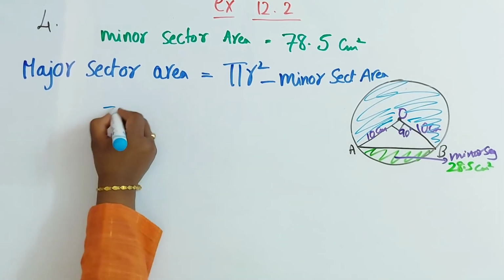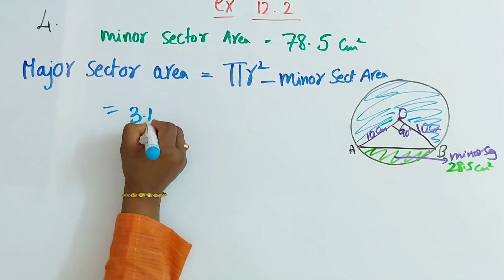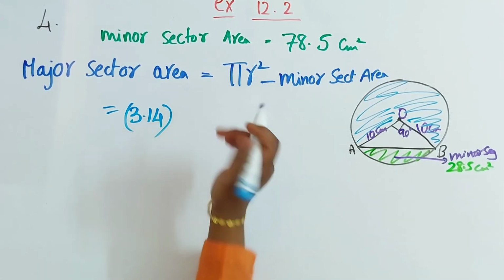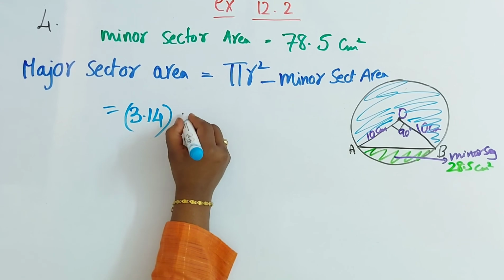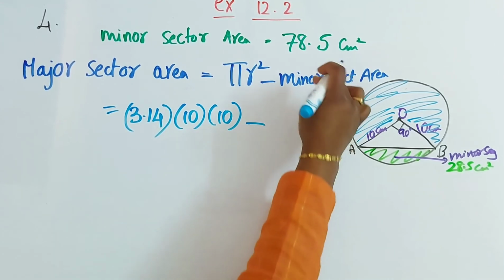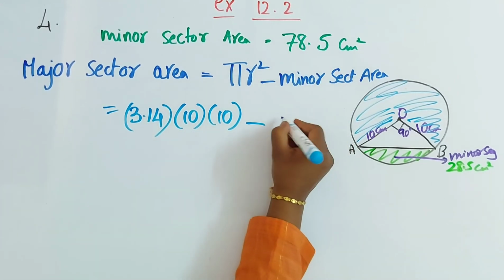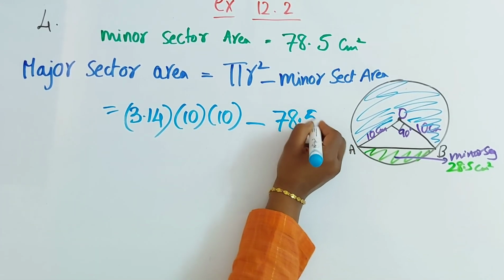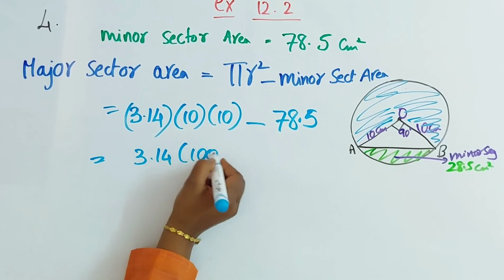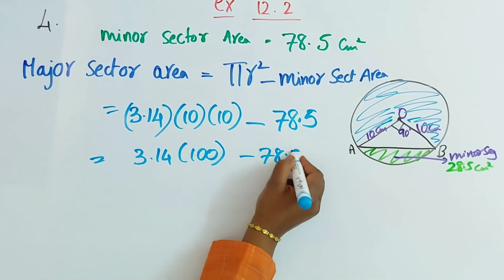Right? So, pi r square, that is 3.14, here it is mentioned pi equal to 3.14. R we already know is 10 centimeters. So, 10 into 10 minus minor sector area, we already know that is 78.5 centimeter square. So, 3.14 into 100 minus 78.5.